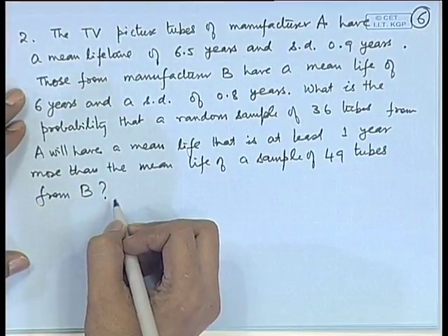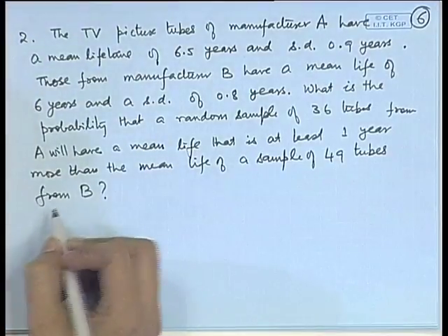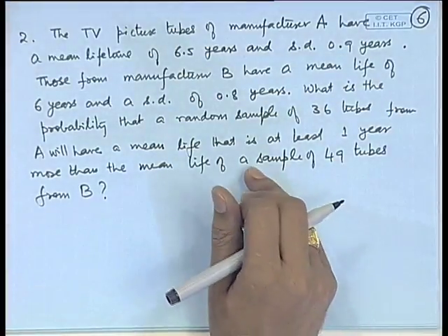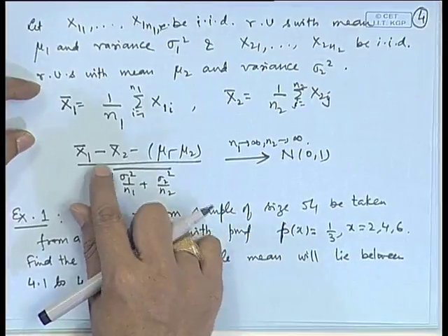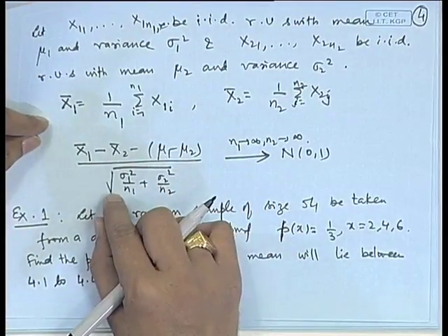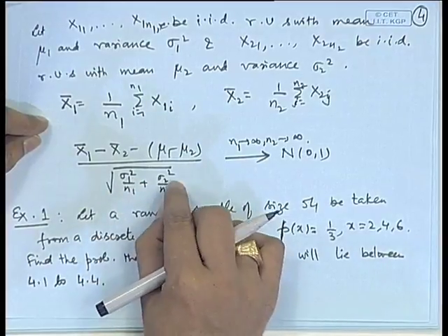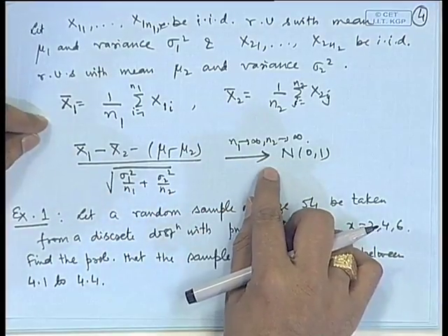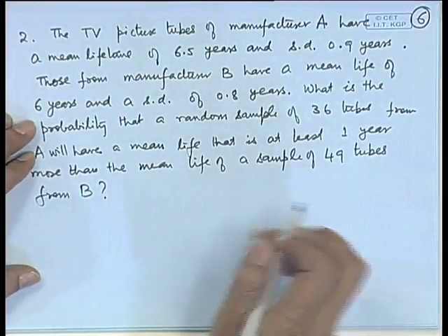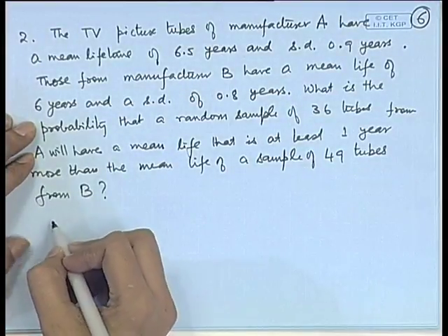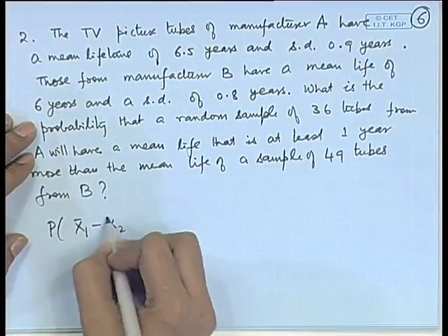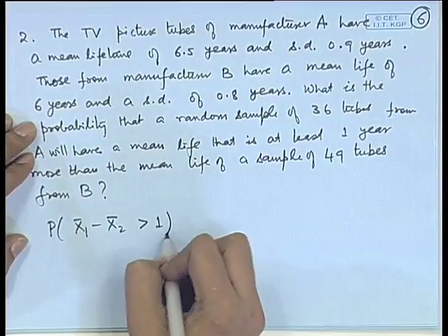So, here we will apply the extended version of the central limit theorem, because we are dealing with two samples. So, we can consider that (X 1 bar minus X 2 bar minus (mu 1 minus mu 2)) divided by root of (sigma 1 square by n 1 plus sigma 2 square by n 2) will be approximately standard normal. So, we are supposed to find the probability of X 1 bar minus X 2 bar greater than 1.